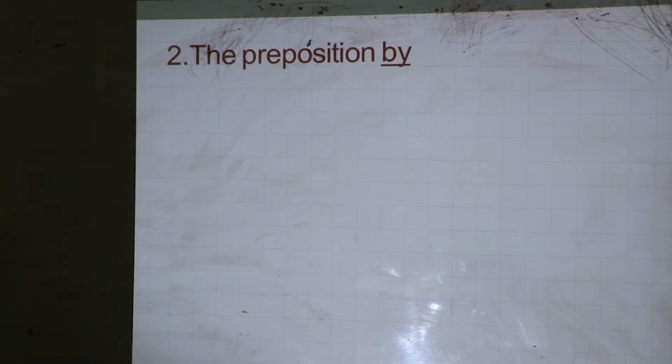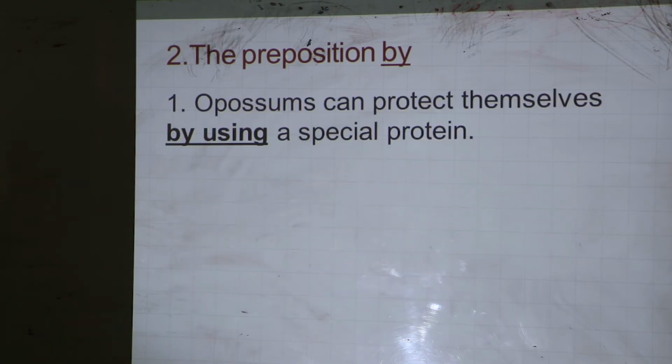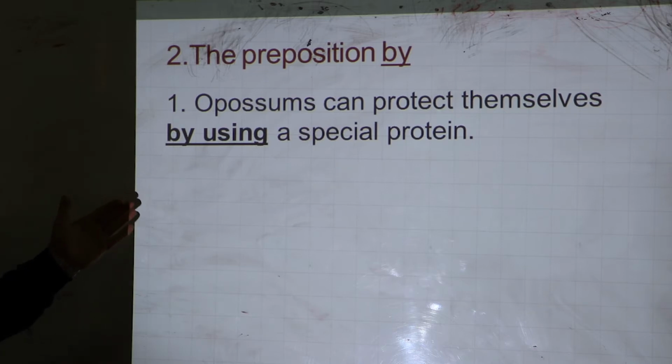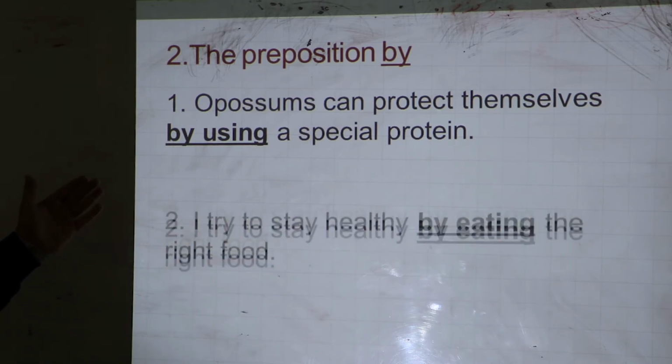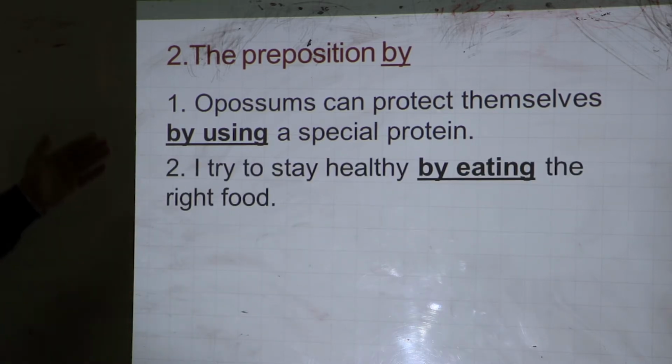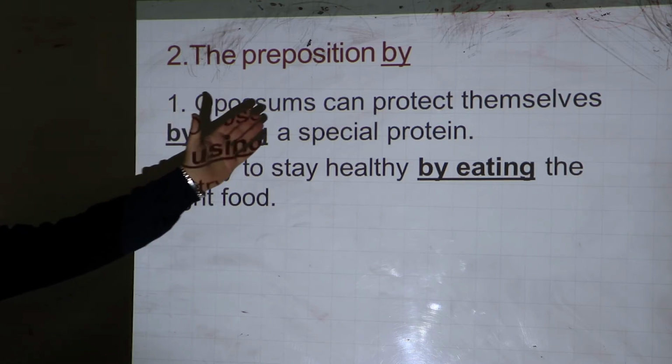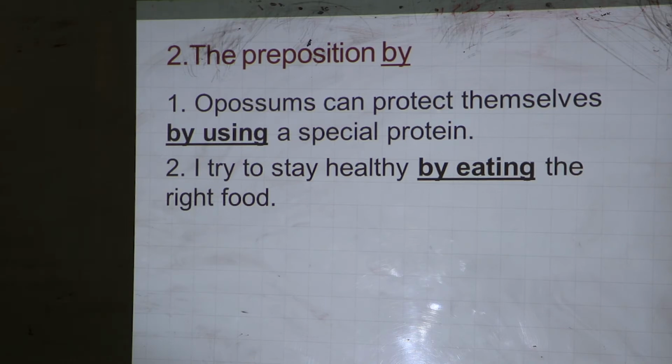Now the preposition by. The preposition by can also be followed by the ing form. Look at number one. Opossums can protect themselves by using a special protein. If you want to ask a question, we say, how can opossums protect themselves?